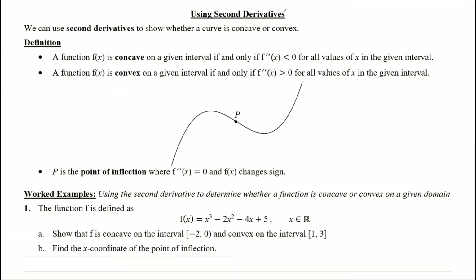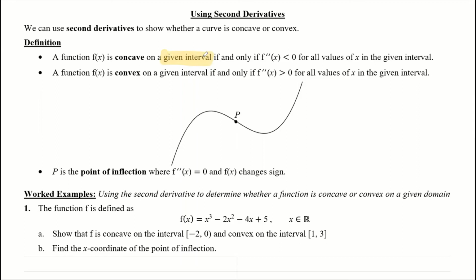Okay, that's what that means, on a given interval. So we've been looking at all real numbers so far. If and only if, that's the if and only if statement I was mentioning earlier. It's a statement that runs both ways. If and only if the second derivative is strictly negative for all values of x in that interval.